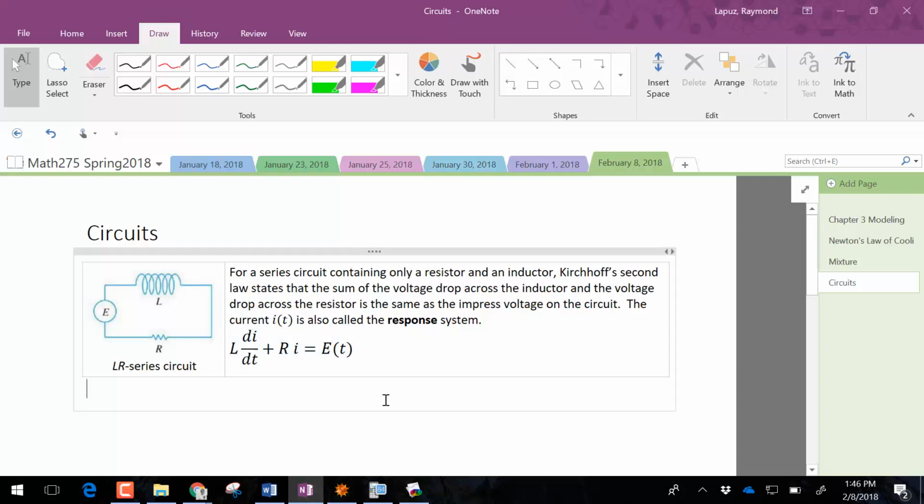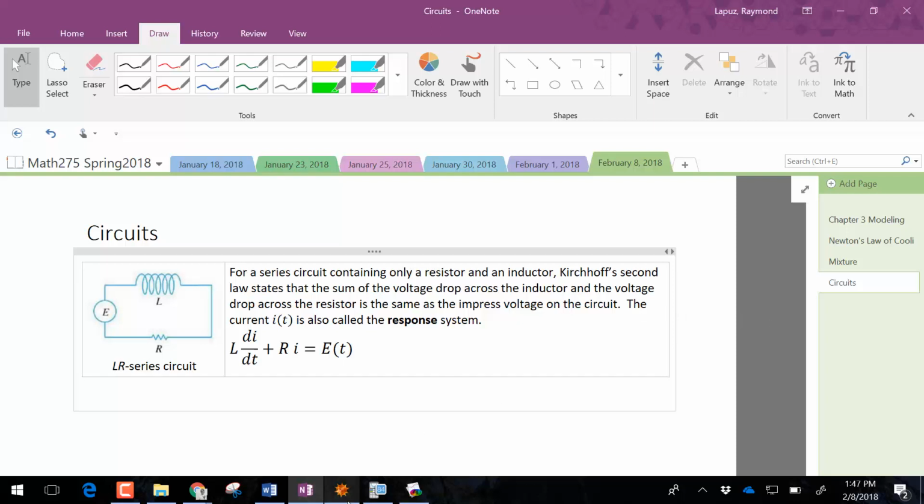For a series circuit containing only a resistor and inductor, the second law states that the sum of the voltage drop across the inductor and the voltage drop across the resistor is the same as the impressed voltage on the circuit. There's all kinds of other stuff in the previous paragraph that's not shown here that probably would have been important. But you can just say see 1.3.